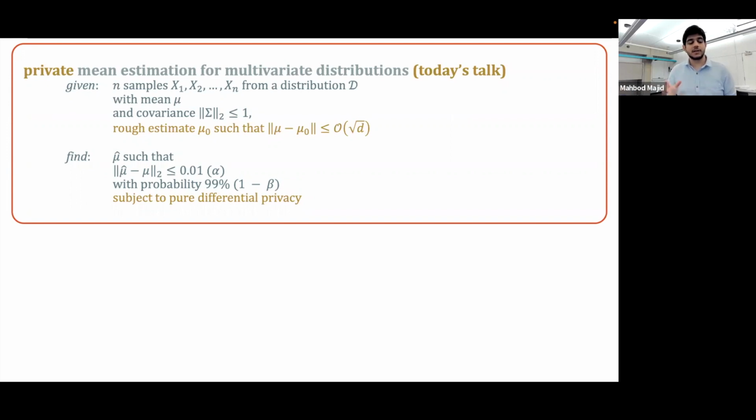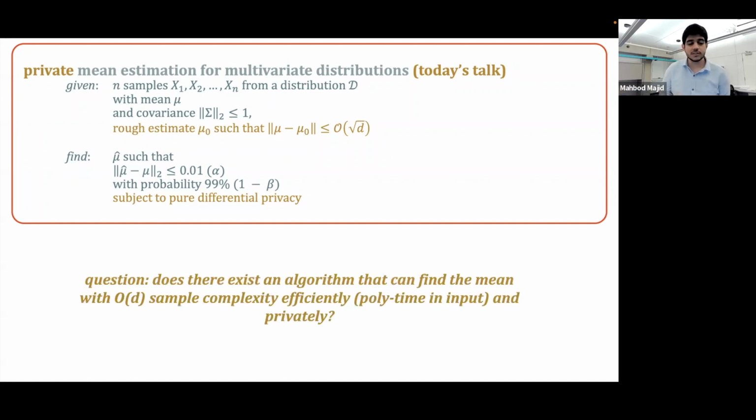And for technical reasons, we also assume in this talk that we have access to some estimate of the mean, mu0, such that mu0 and mu have distance at most root d. And our goal is to find some estimate mu hat such that mu hat is close to mu within distance alpha, with success probability 1 minus beta, subject to pure differential privacy.